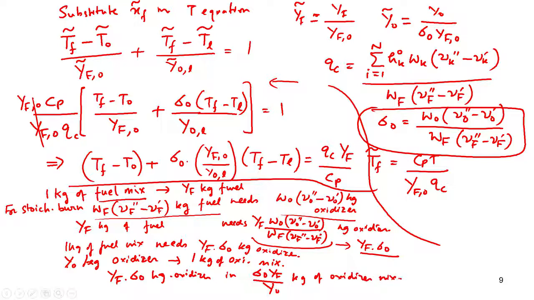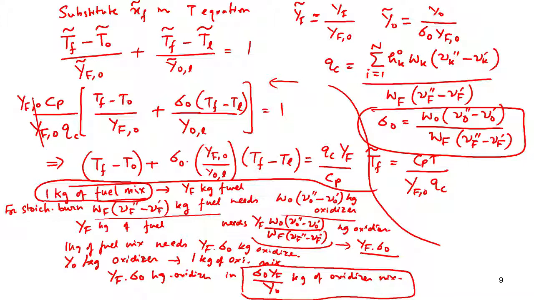So what you get is that for stoichiometric burning, 1 kg of fuel mix needs sigma 0 times YF by Y0 kg of oxidizer mixture. Okay.